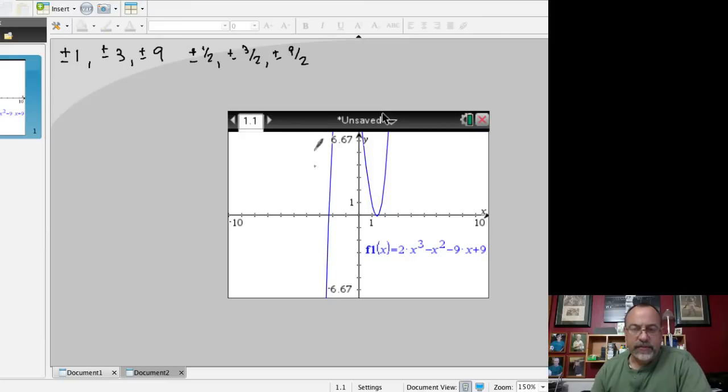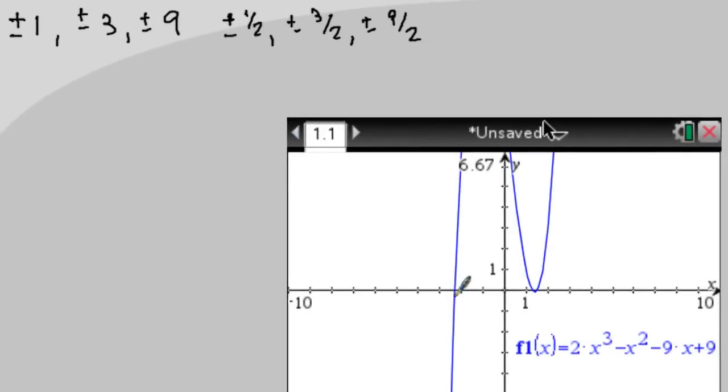Okay, in our second example, we have the graph here, and again, I've graphed 2x cubed minus x squared minus 9x plus 9, and I have listed my potential zeros here. Now this place where it crosses or touches appears to be negative 2 and something, maybe 2 1/3.